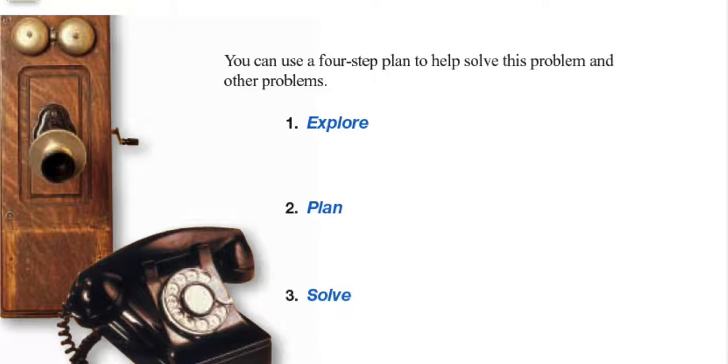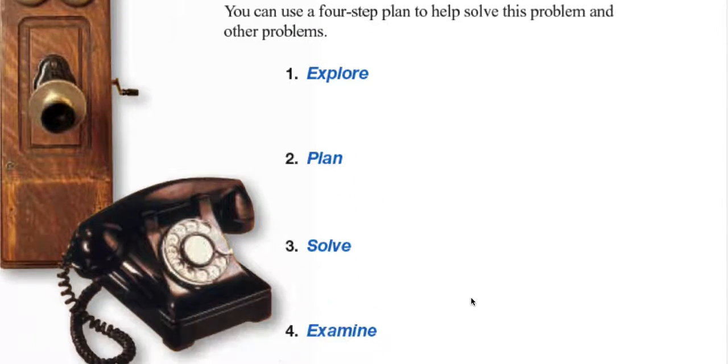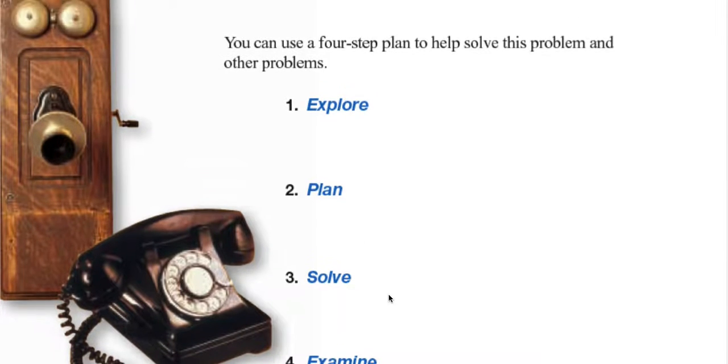Okay, so there is a thing called the 4-step plan which you can use to solve word problems such as this one. These are the steps that we will use: explore, plan, solve, and examine.